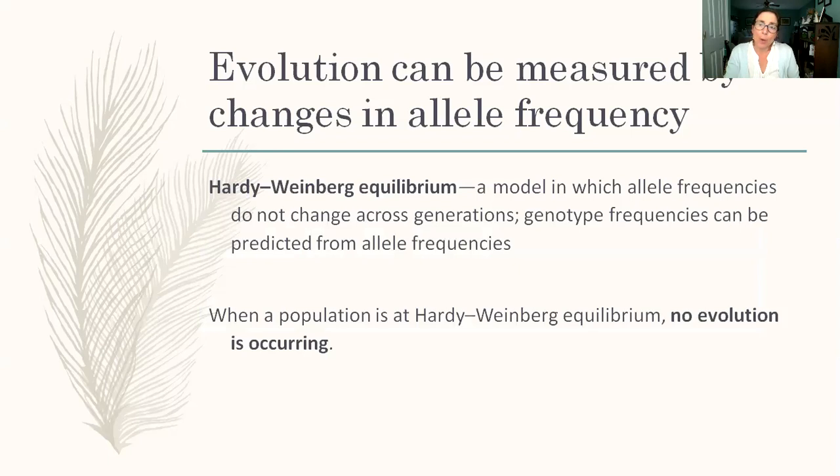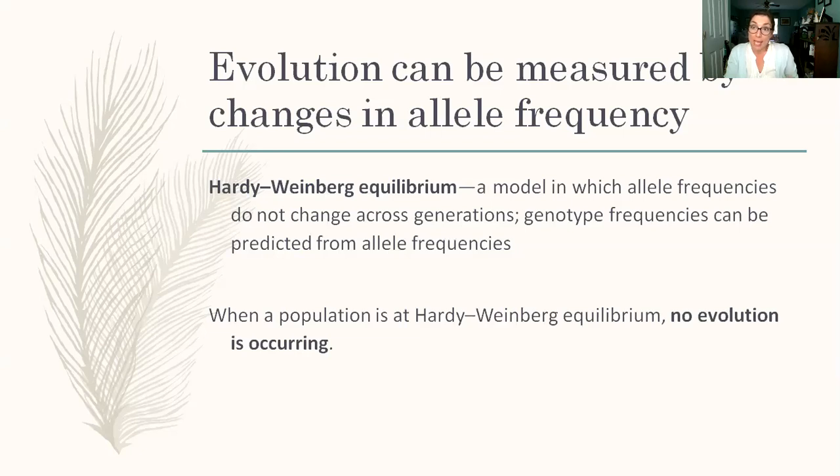And one model that looks at the allele frequencies within a population is called the Hardy-Weinberg equilibrium model, or the Hardy-Weinberg equation. This is a model where scientists are assuming that the allele frequencies within a population are not changing over time.